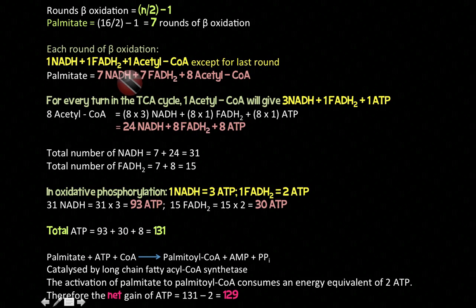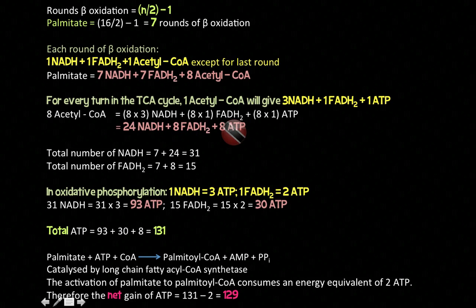Remember, I told you the trick is that the number of acetyl-CoA will be 1 more than your NADH and FADH2. For every turn in the TCA cycle, 1 acetyl-CoA will give 3 NADH, 1 FADH2, and 1 ATP. We had 8 acetyl-CoA in this example, so we get 24 NADH, 8 FADH2, and 8 ATP.